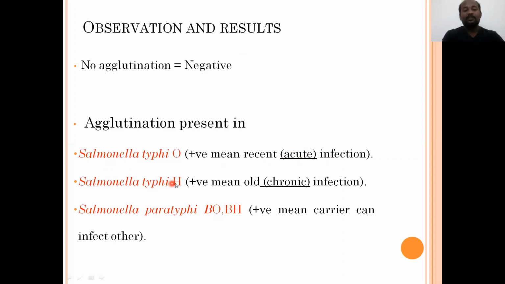If agglutination shows in the H antigen, it's an old, chronic infection, and the infection is prolonged. If the test shows agglutination in the paratyphi O and H antigen, it means the individual may serve as a carrier and can infect others.